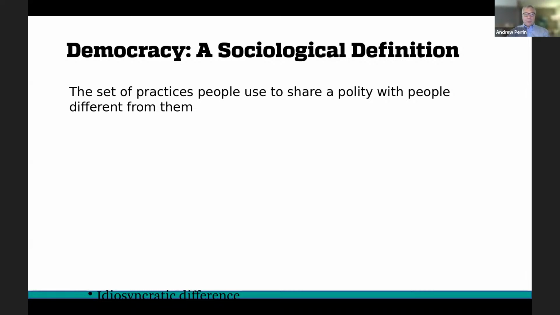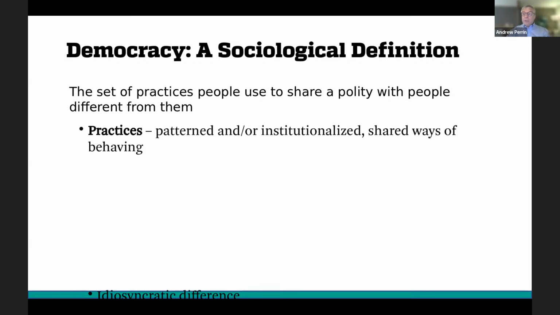So let's work through some of these ideas. First, when I say practices, I mean something that's fairly specific in the sociological literature. Practices are patterned and or institutionalized shared ways of behaving in societies. So when we say a practice, we can think about certainly voting as a practice. We can also think about the use of, say, Twitter or Threads or Facebook as a practice.